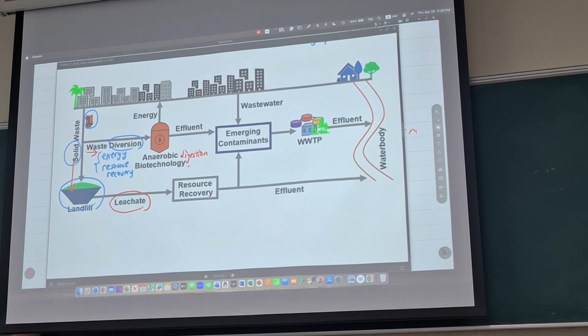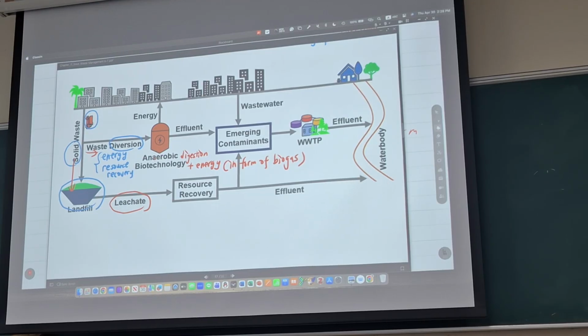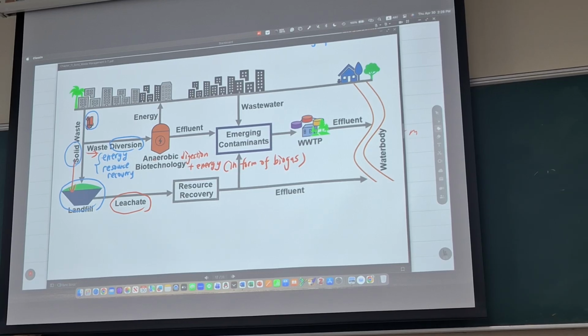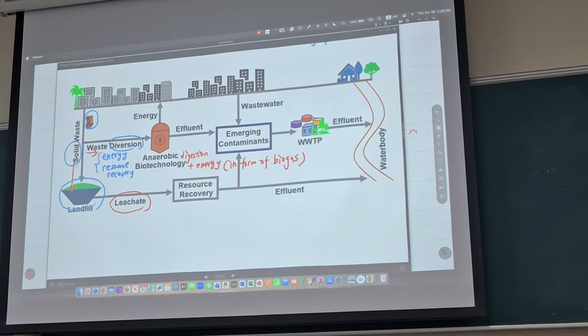In this process, without oxygen, it can produce some energy in the form of biogas. In this anaerobic digestion, it will produce biogas, and those biogas can be used for energy purposes, right?